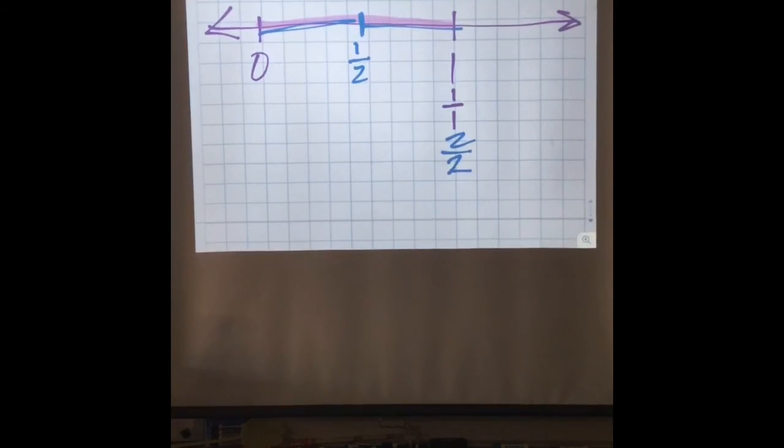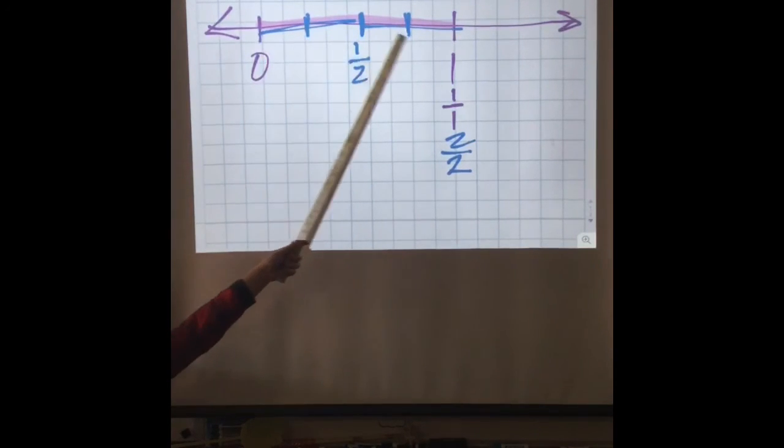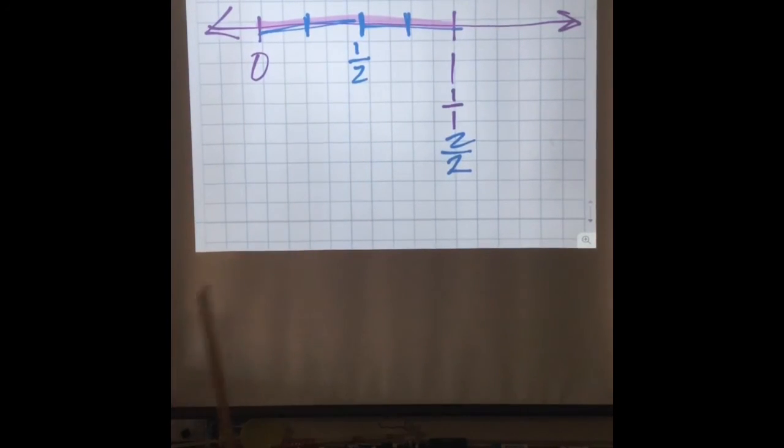Is that correct? Yes. Okay, what if I make a line here and I make a line here? We still have the whole thing. Notice the whole thing is highlighted, right? Now what do we have? What's our bottom number going to be now? 4, and it's going to be 4 over 4, right? Do you understand that?